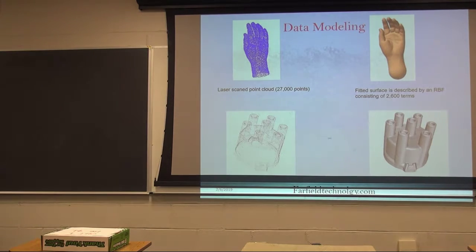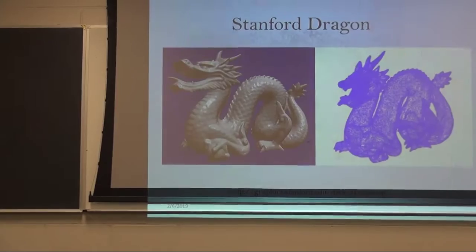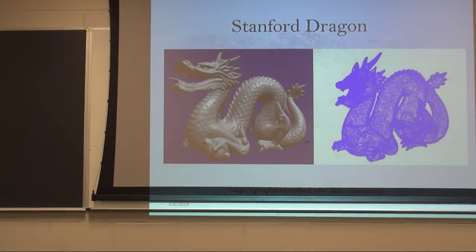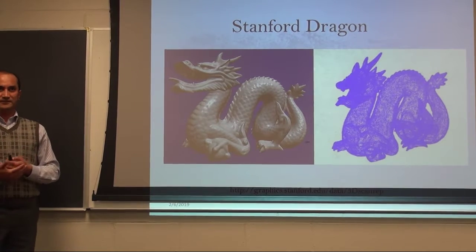So why we use this is, as I show you here, this is the laser scanned point cloud, and this is how you fit the surface when you use the method. And similarly, with the help of this one, you can create that kind of evidence. So this is another figure, which we call the reconstruction of the surface.